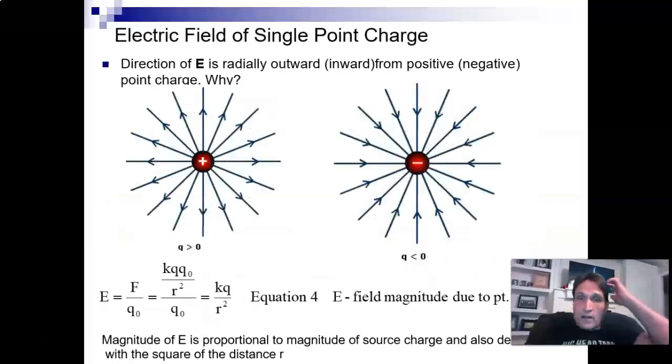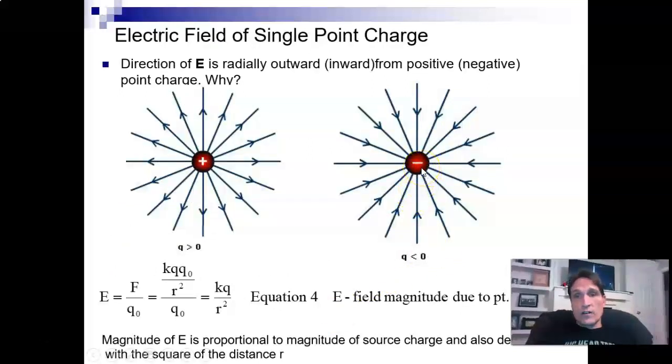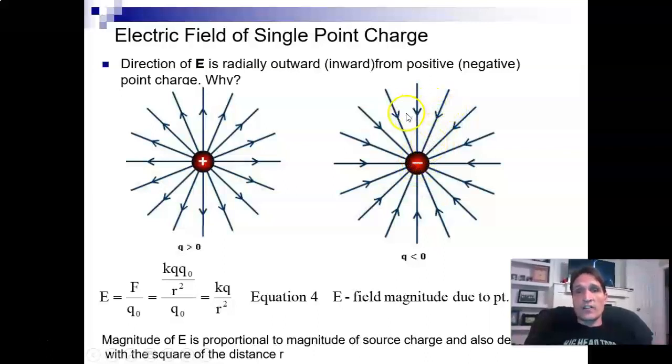So we could do the same thing if we placed a negative source charge, and at this distance we put a positive probe charge to calculate the field. The positive probe charge will always be attracted to the negative charge, and so the electric field would always point toward a negative source charge because the positive probe charge would be attracted at any distance.